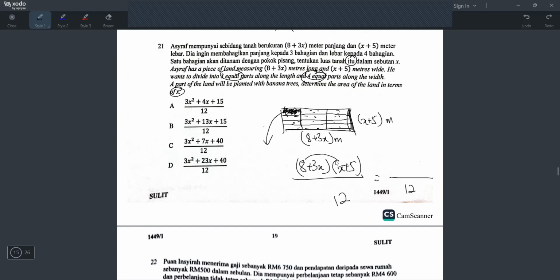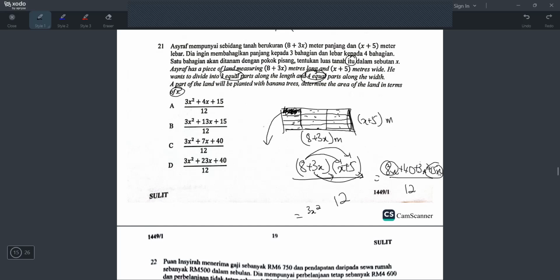Okay, how to expand this? 8 times x, it's 8x. 8 times 5, it's 40, and then 3x times x, 3x squared, and then 3x times 5, 15x, right? And then you can simplify this. Okay, it becomes what? 3x squared.